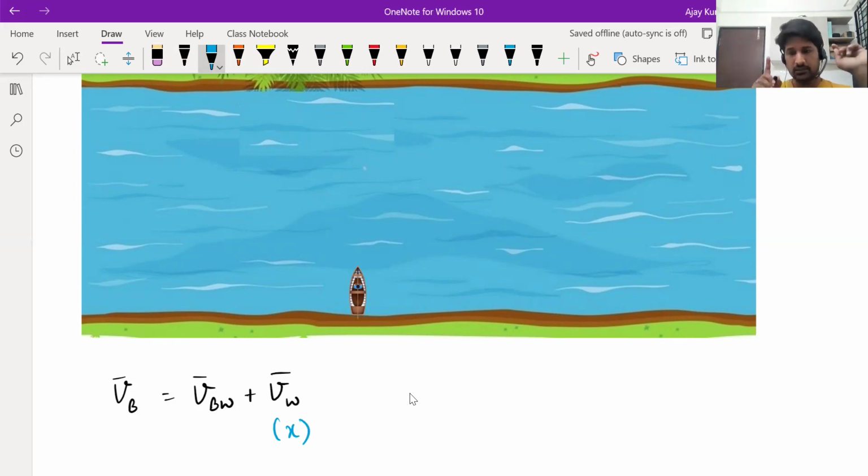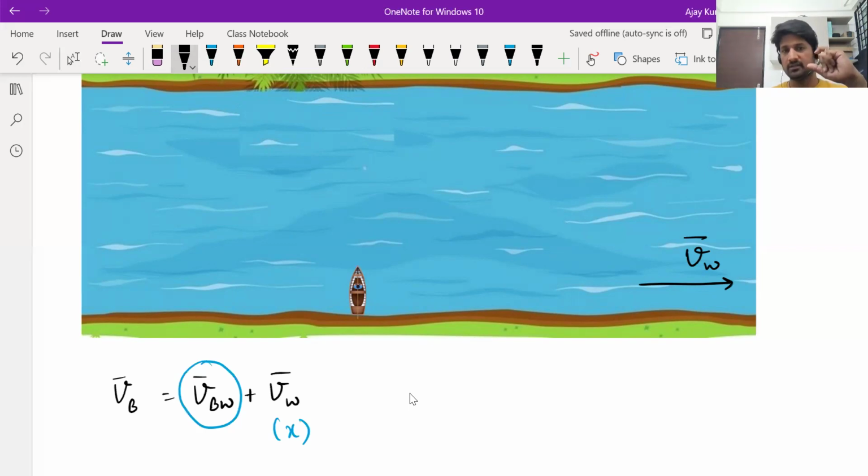The only thing which can help the boat cross the river is the y component of this VBW, because VW doesn't have a y component at all. Velocity of water is this way. Velocity of boat relative to water, depending on the orientation of the boat, can have a y component. And that is what helps it cross the river.